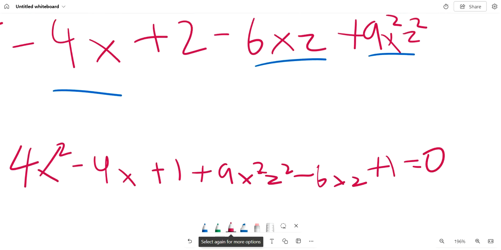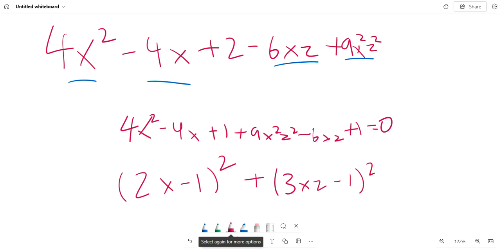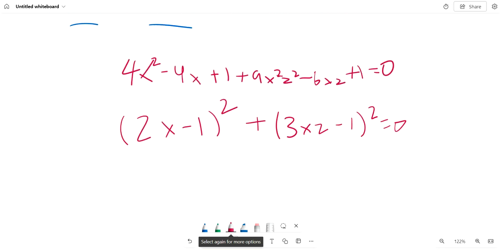And we can complete the square here, and we get 2x minus 1 squared plus 3xz minus 1 squared equals 0. And so we know that these both have to be 0 because they're both non-negative.